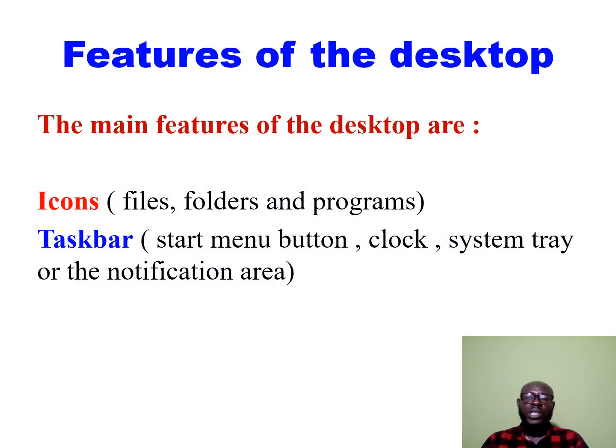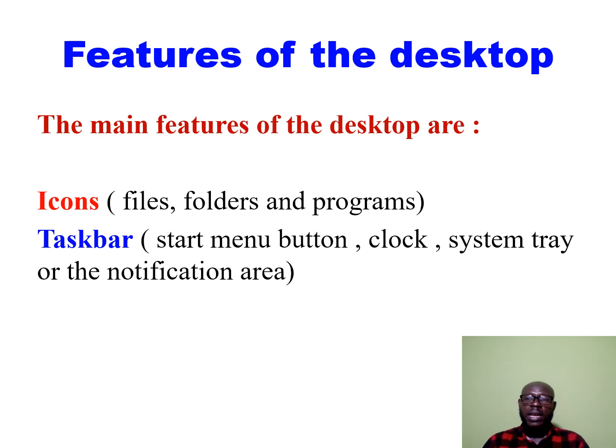Alright, so features of the desktop. The main features of the desktop are icons, taskbar. Now, with the icons, we have files, we have folders, and we have programs. All these collectively, they are called icons.